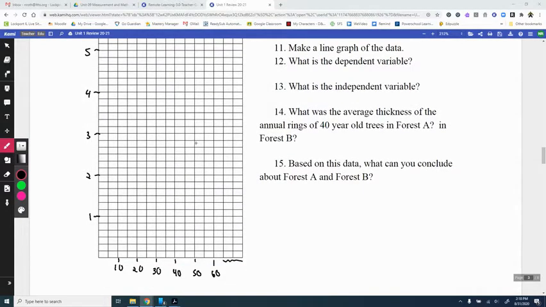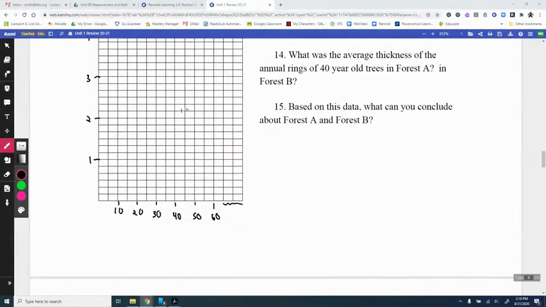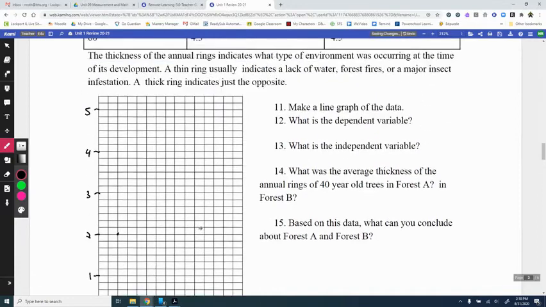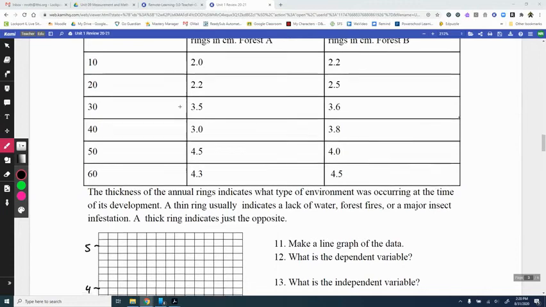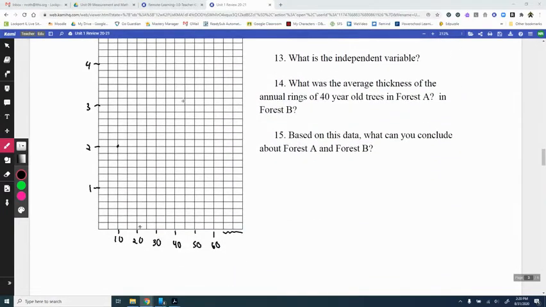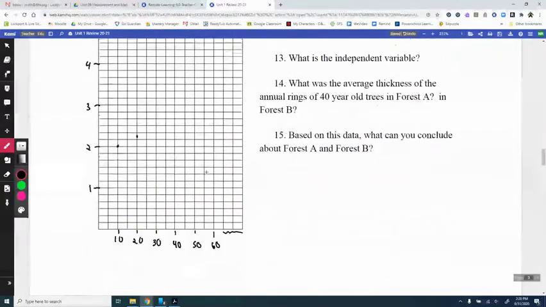Okay, so next, we're going to start plotting our line. The first one, at 10 years, we have 2.0 centimeters. So there's 10 years, and there is 2.0 centimeters. Next, we have 2.2, and that's at 20 years. So we'll go down to 20, 2.2, right about there. Next, at 30 years, we have 3.5.